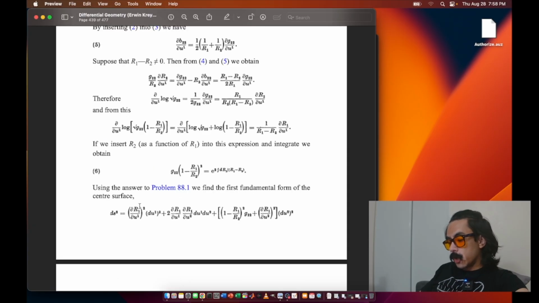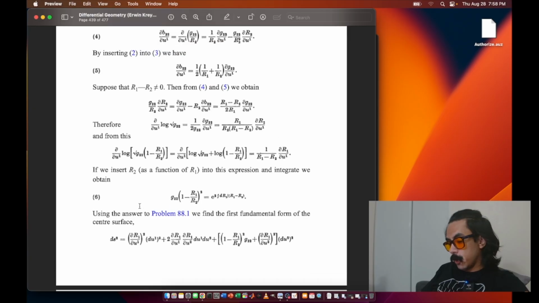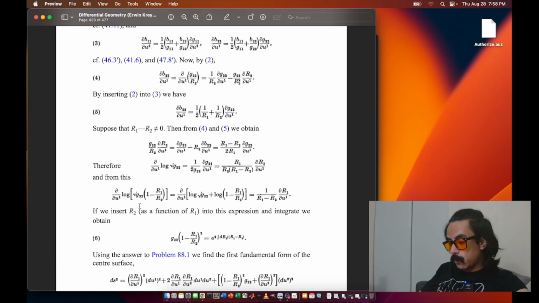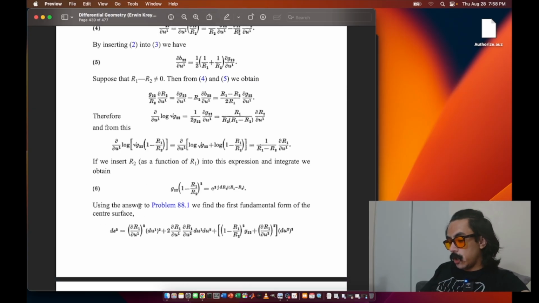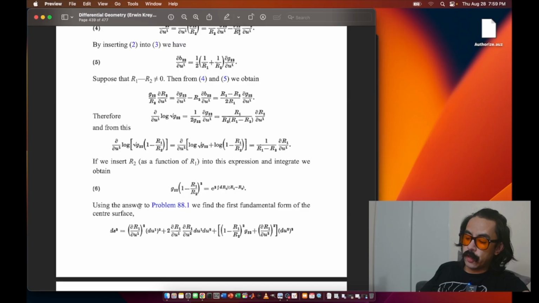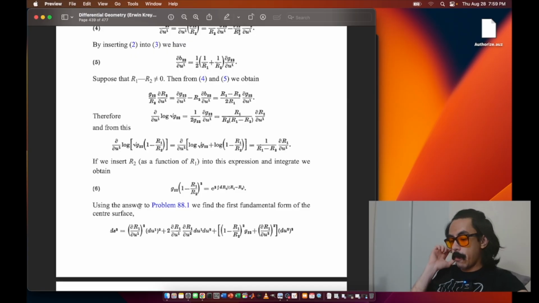Suppose that R1 minus R2 is non-zero. Then from inserting the contents of line 4 into the contents of line 5, we obtain G sub 2 2 over R2 times partial R2 partial u1 is equal to partial G sub 2 2 partial u1 minus R2 times partial B sub 2 2 partial u1, which is equal to a fraction with R1 minus R2 in the numerator and 2 times R1 in the denominator, multiplied by partial G sub 2 2 partial u1.